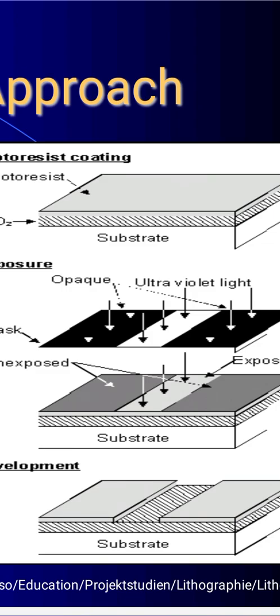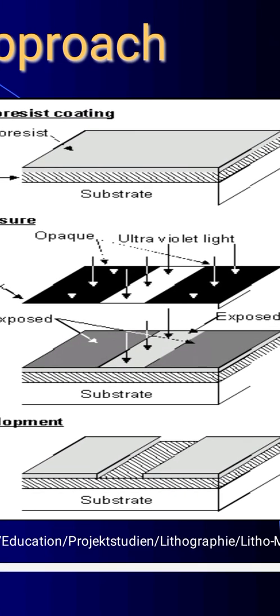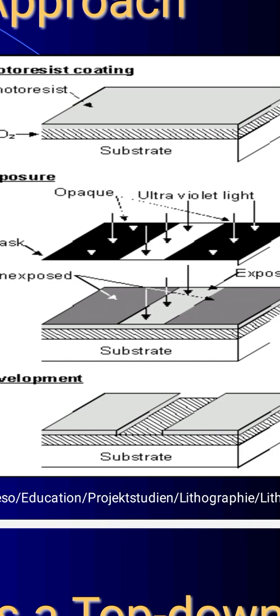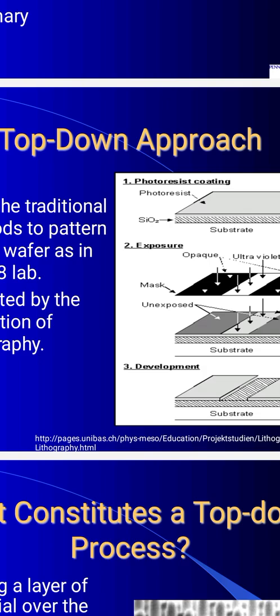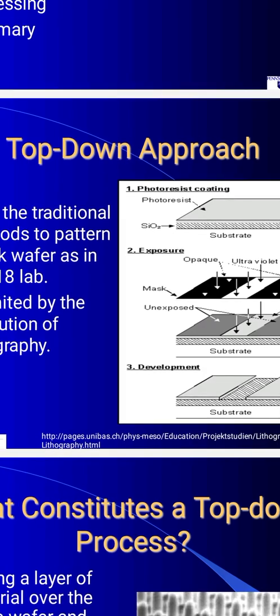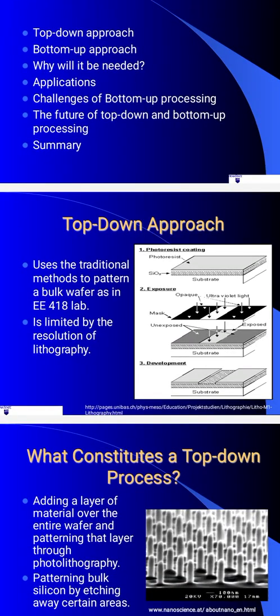You can see the line part is exposed, and then after developing you will get the structure of the photoresist, where the exposed part is removed and the unexposed part is still there. So we have that structure which is in nano size. The width of this line is in nano size. So this is the technique with which we can make nanostructures.